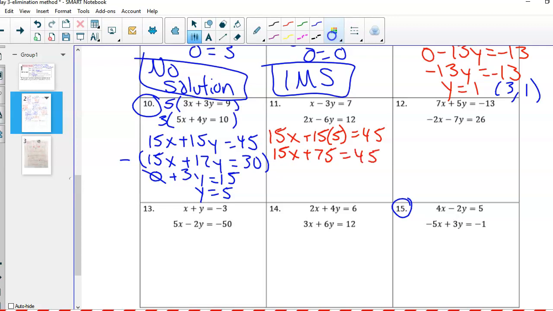And then if we subtract 45 minus 75 is negative 30. Okay. What is x? Negative 2. So our solution is negative 2, 5.